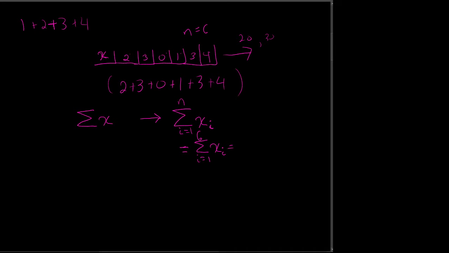What that does is I start on 1, and I go x number 1 plus x number 2 plus x number 3 plus x number 4 plus x number 5 plus x number 6. And this little subscript is a way of saying which one, right? This is my first one, this is my second one.